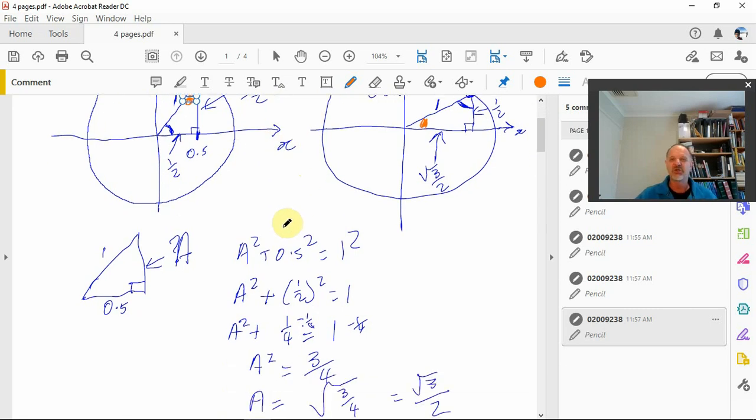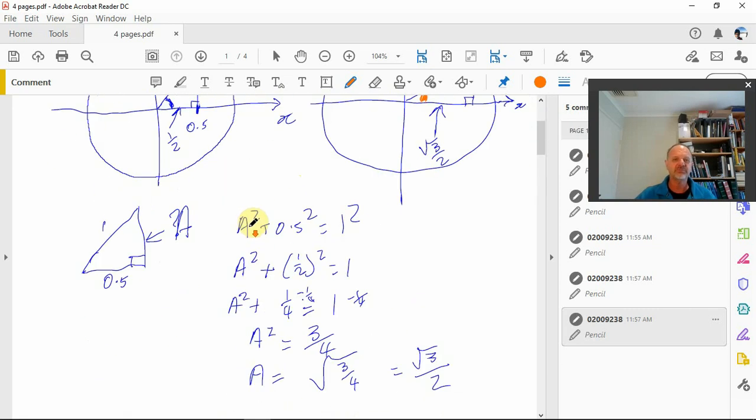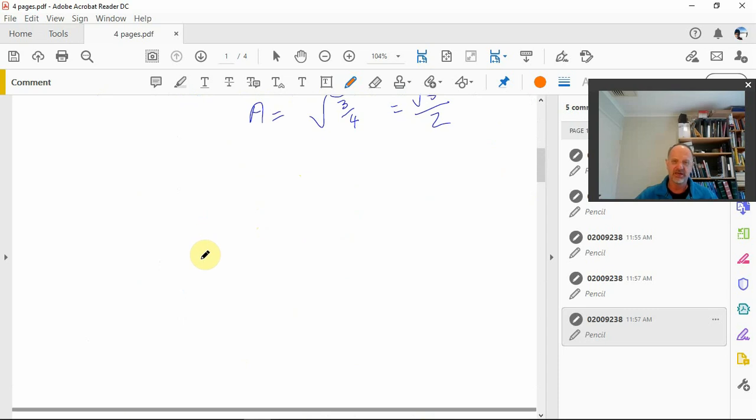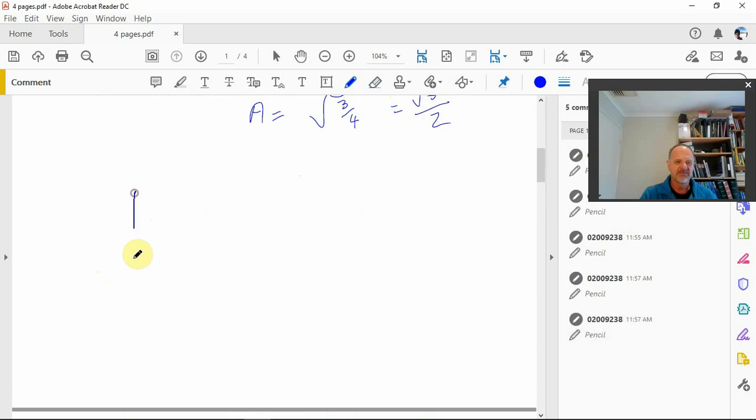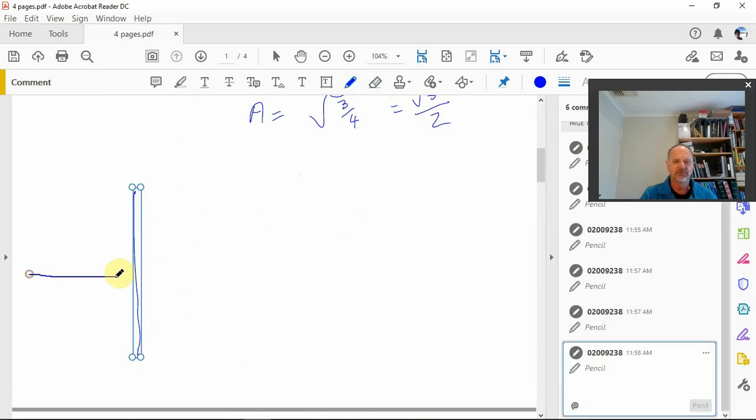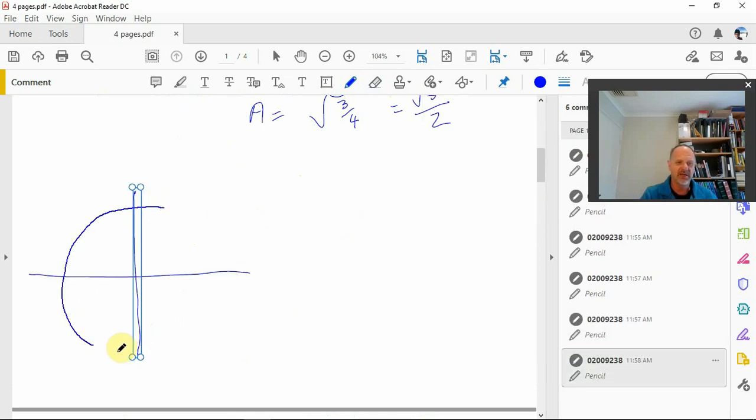Now, as it turns out, those particular angles, and let me change my color back, are not any random angles, but let me draw there.